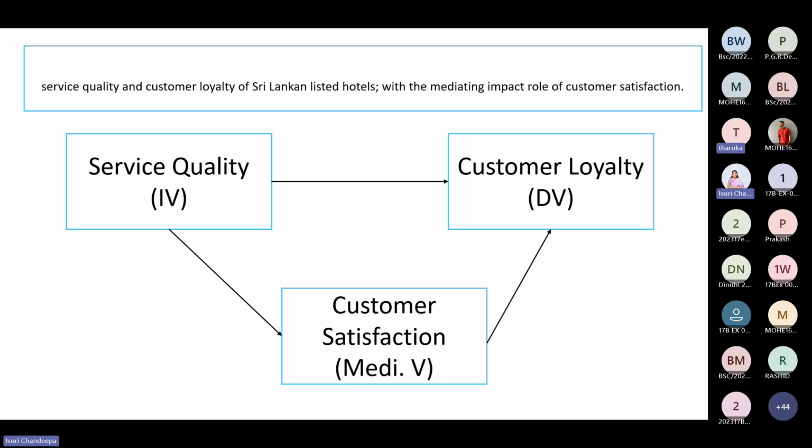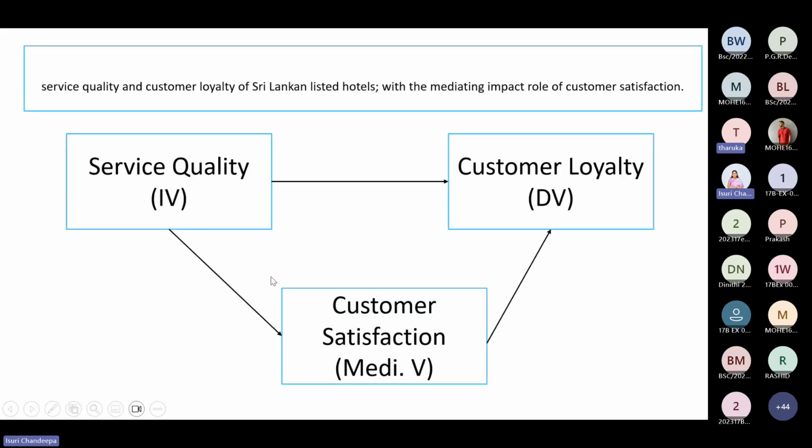So the second question tests the indirect relationship: what is the mediating impact of customer satisfaction in between service quality and the customer loyalty?